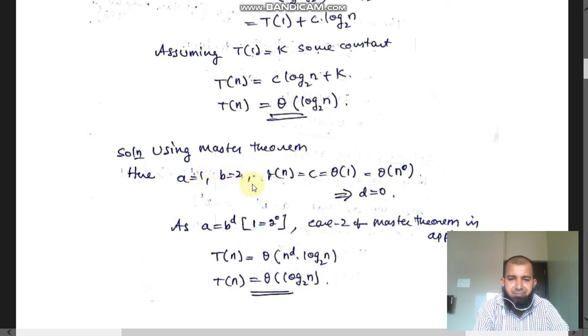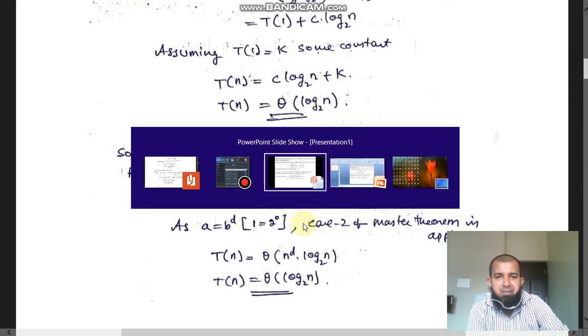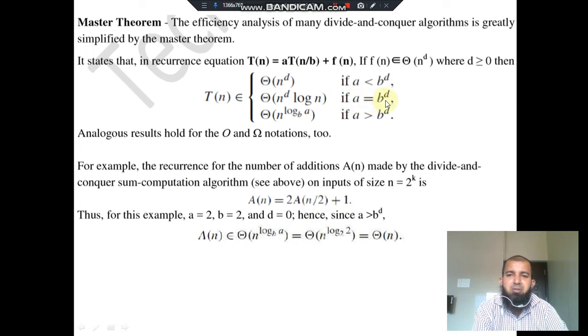So here b to the power of d is how much? 2 to the power of 0 is 1. So it is 1, a also 1, so 1 equal to 1 means what? Case 2. Here case 2 is a is equal to b to the power of d. a is equal to 1, b to the power of d is 2 to the power of 0, which is 1, so 1 equal to 1.